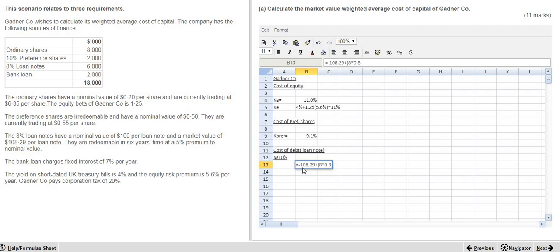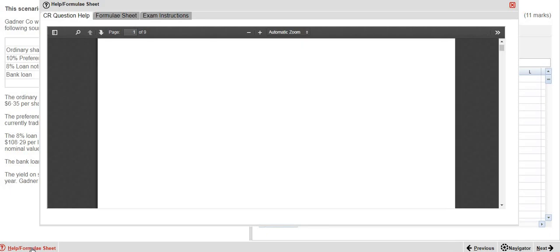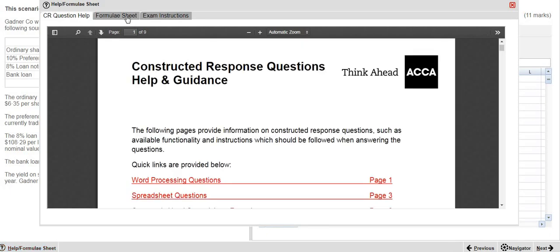Okay, I've just done 1 minus T. Multiply by, now I'll have to use my table. Remember, the loan note is redeemable in 6 years. So I'll find an annuity for 10% for 6 years. It's redeemed at 6 years. So I'll go to my formula sheet.